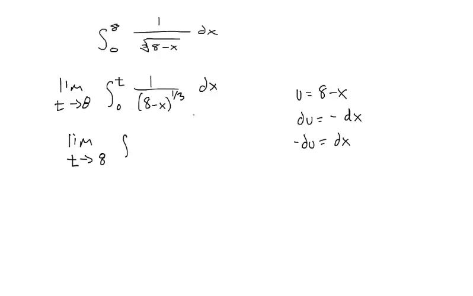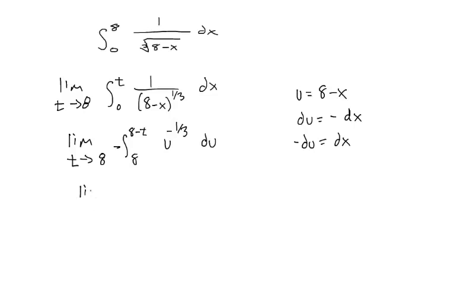And when we put 0 in for x, we get 8. So from 8 to 8 minus t of, now we have 1 over u to the 1/3. So we're going to have u to the negative 1/3. And now we have negative du. So du, and then I'm going to put my negative out front.